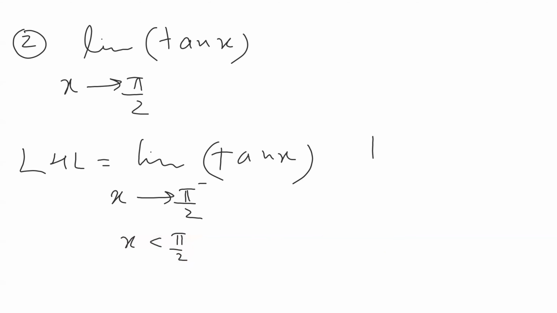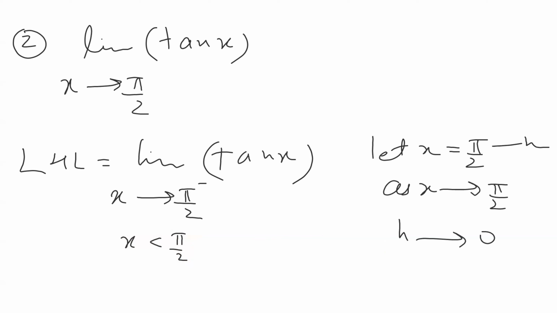Fine. So we'll do one thing. Let x is equal to pi by 2 plus h, oh sorry, minus h, because it is LHL. Fine. As x approaches pi by 2, as x tends towards pi by 2, h will approach 0.